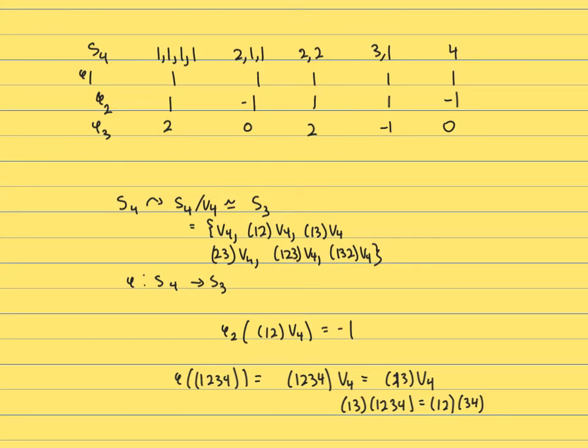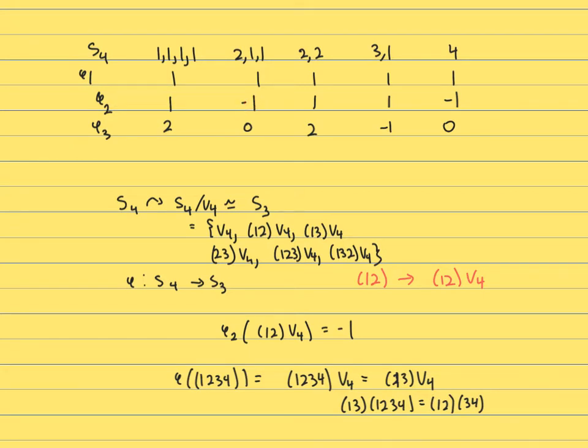We can see what happens with phi of 2. Well, it's the sign representation, but a 2-cycle under this homomorphism gets sent to (1 2) mod V4. So we only need to figure out what it does to one map. So (1 2) gets sent to (1 2) mod V4. Under the representation phi of 2, that's -1. So -1 is the character value there.